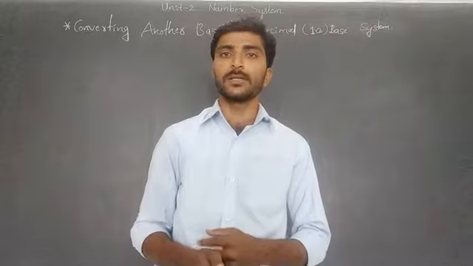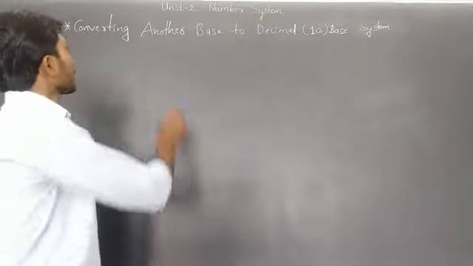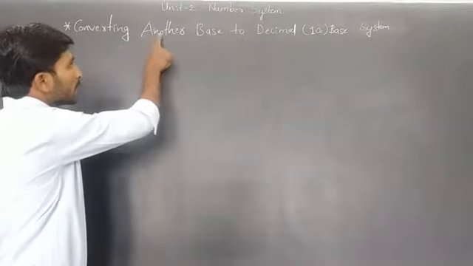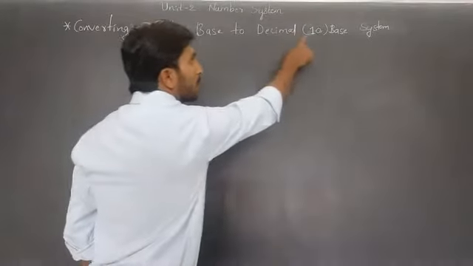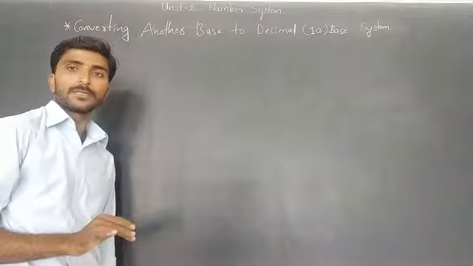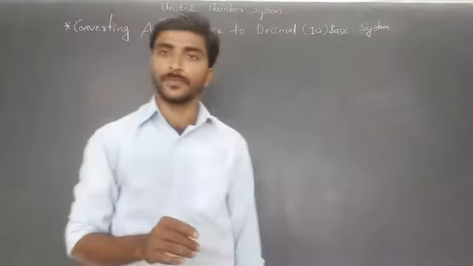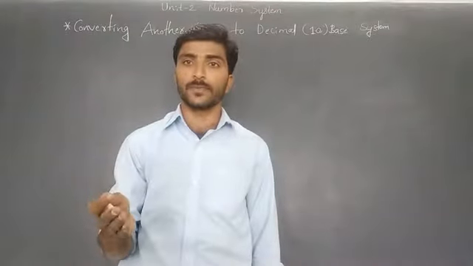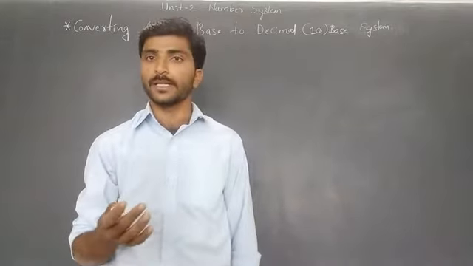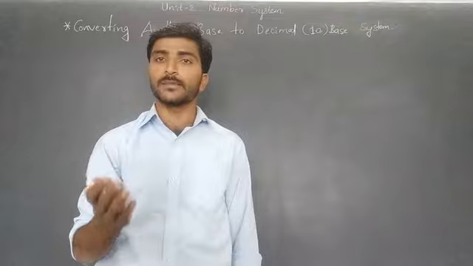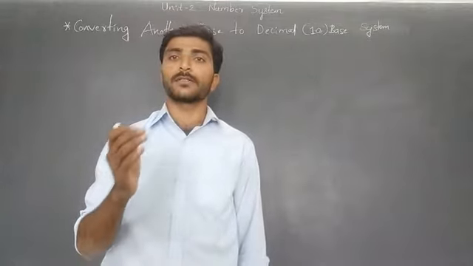In that we are discussing converting another base to the decimal base system. Another base means it may be the binary number system, the octal number system, or the hexadecimal number system.